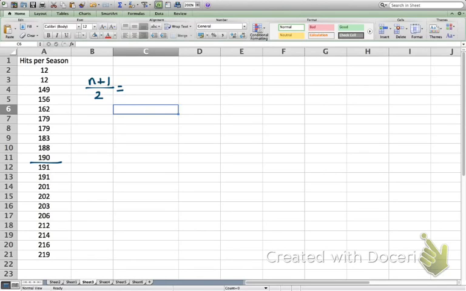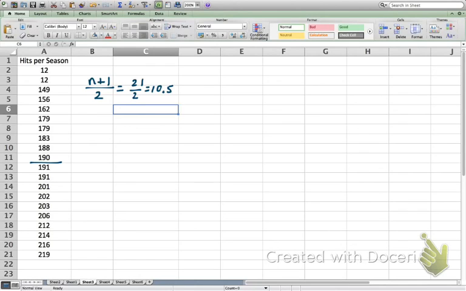So in this case, we're going to have 21 over 2, which is 10.5. Now, don't jump the gun. The median is not 10.5. This is just telling us that the median is between the 10th and the 11th value. Our cells here are starting at 2, so the 10th value is actually cell 11.